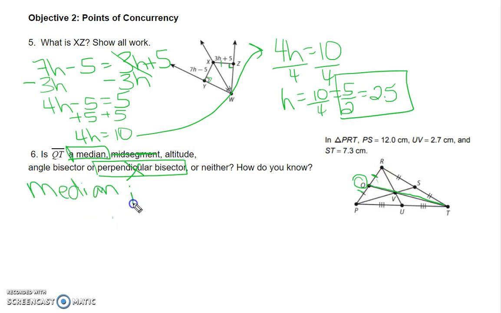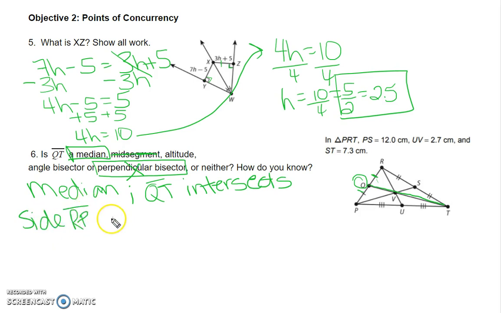Now it asks, how do I know? Well, I talked through it as I went through. So how do I know? QT intersects side RP at the midpoint.